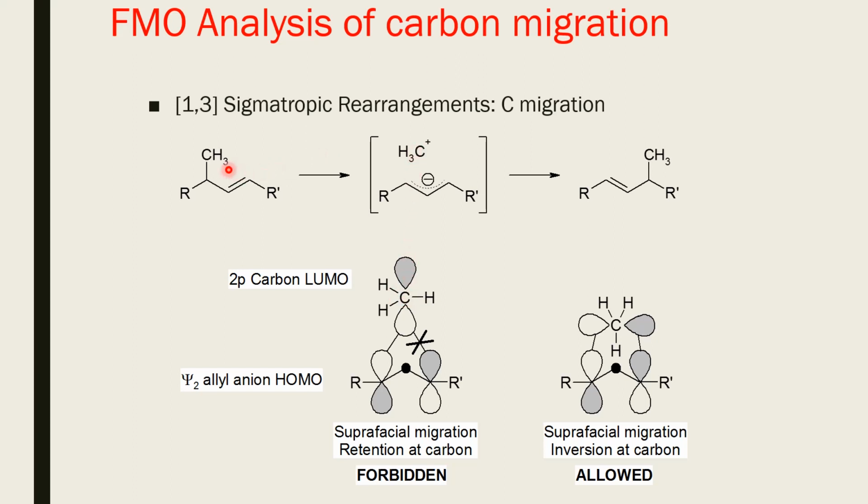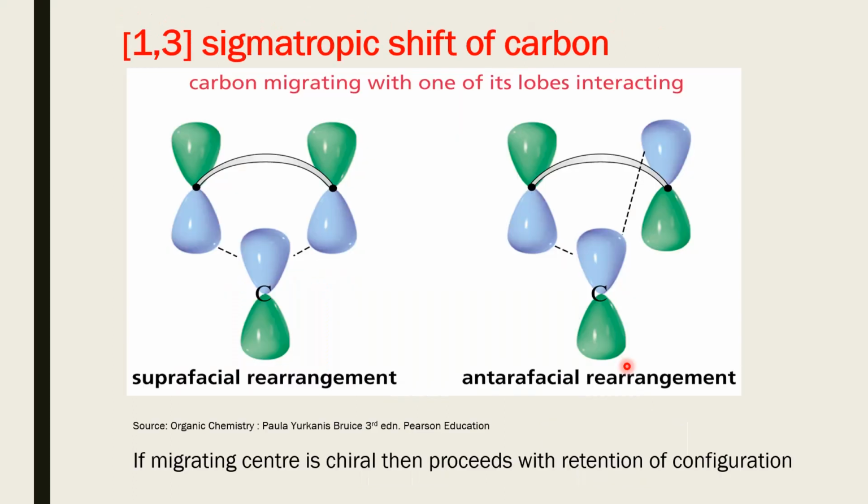This happens to be a chiral carbon. If this is allowed, it would proceed with retention of configuration. If it happens with both the lobes, then it proceeds with inversion of configuration. So again here, this carbon uses one lobe. If this was a chiral carbon, there is no change in the configuration. It would migrate with retention of configuration.